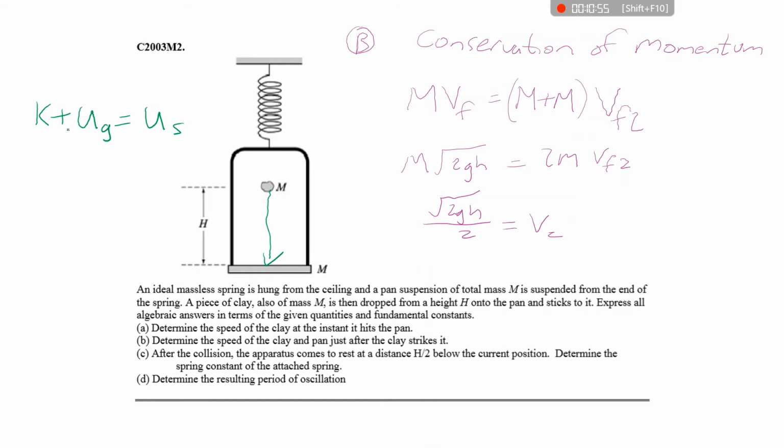What's this kinetic energy? 1/2 mv squared, but v is from A, right? Is V from before we hit the pan or after? Before. Okay, so I'm going to call this V initial.